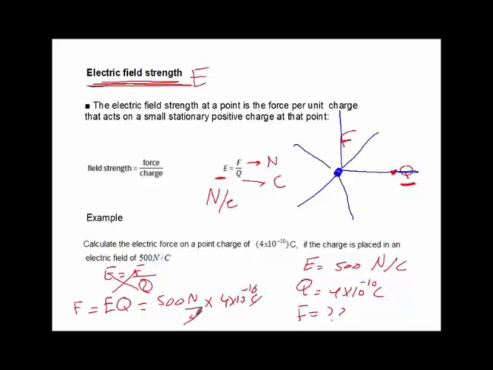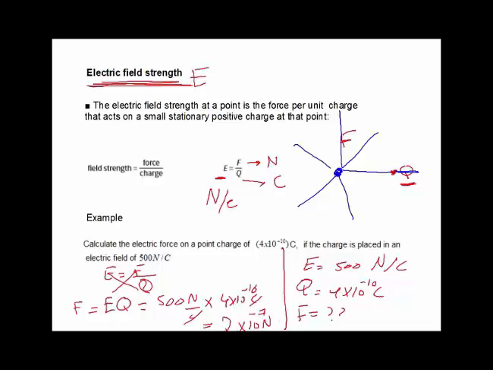Coulomb will cancel with Coulomb, so we will end with a force in the unit of Newton. So 500 times 4 times 10 to the minus 10 will give us 2 times 10 to the minus 7 Newton. This is the force.